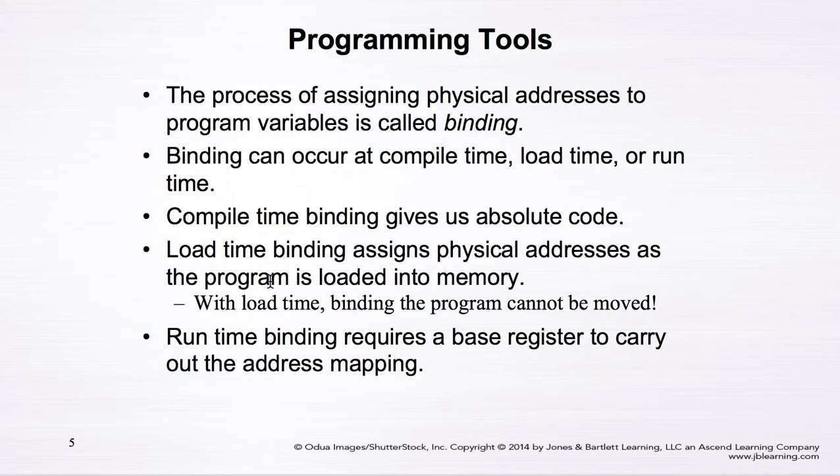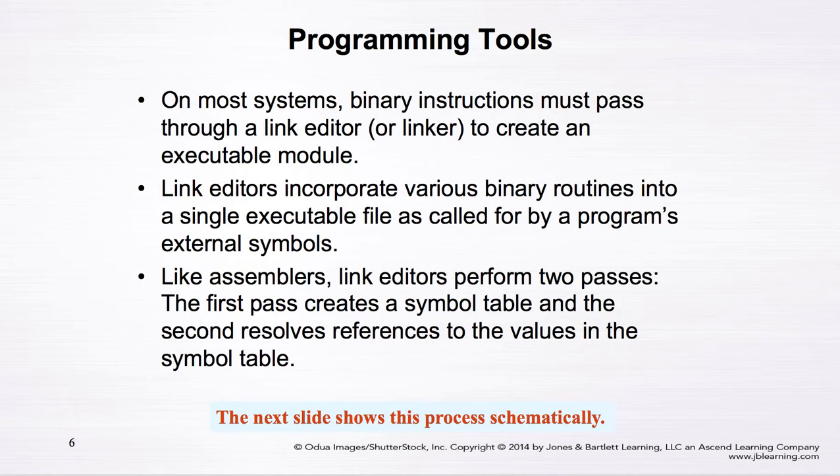So it is going to fit into that address. Runtime binding requires a base register to carry out the address mapping. Basically, it's a translation from a logical process address to a physical address.